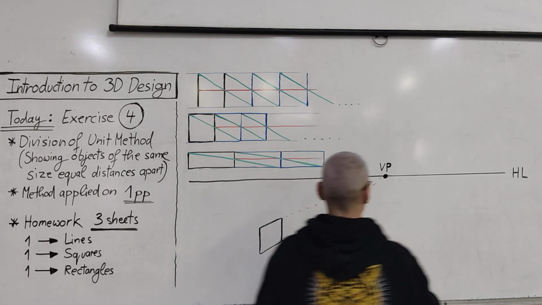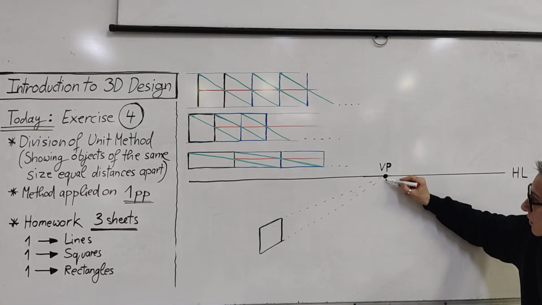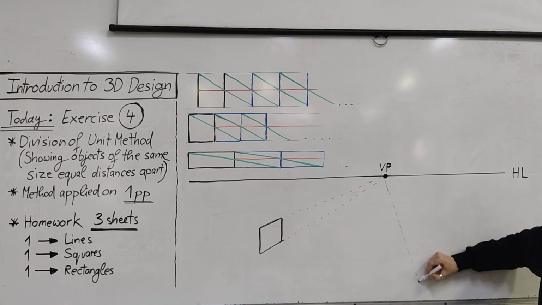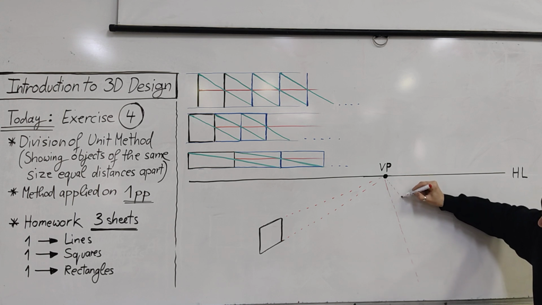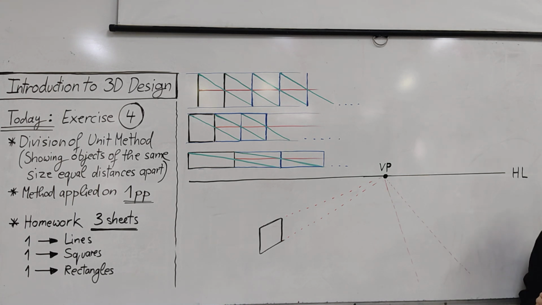Now, let me draw another square here. This one is standing, okay? I will draw one that is laying down, just as an example, because some of you last time didn't even draw the squares correctly. Okay? So be careful.